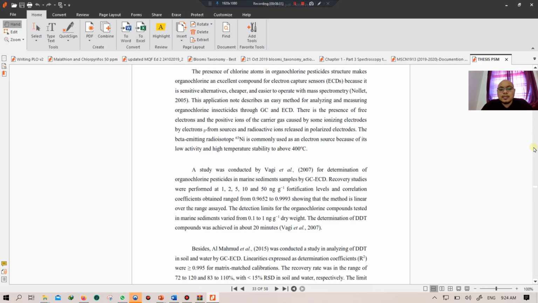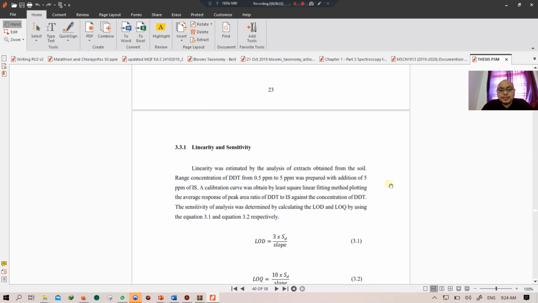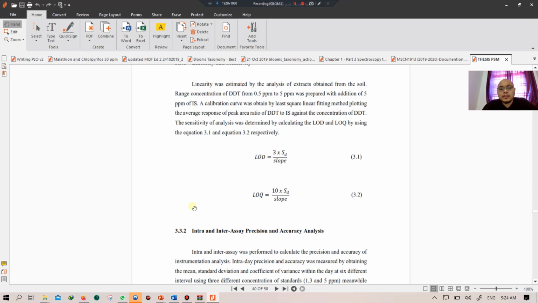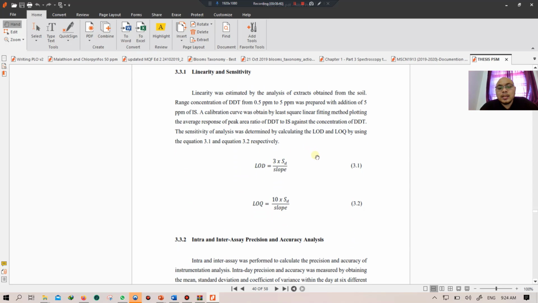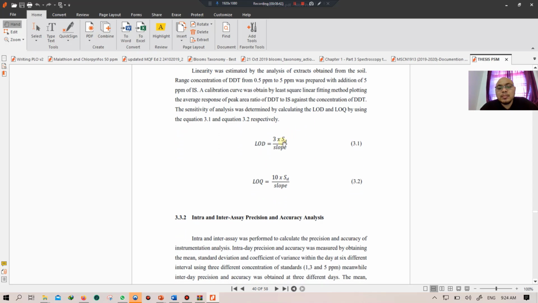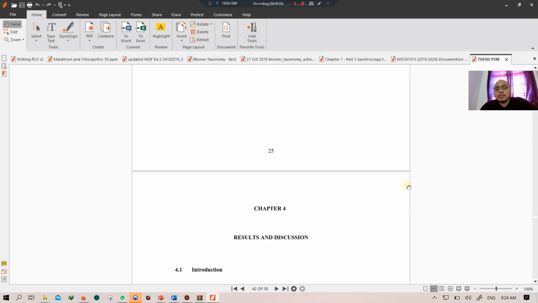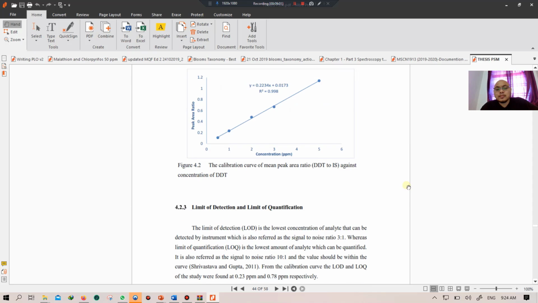So let's look at her chapter 3. Yeah. This is the formula. 3 multiplied by standard deviation over the slope. The standard deviation you can obtain by calculating through Excel. For LOQ, it is 10 multiplied by SD over slope. This is the formula.